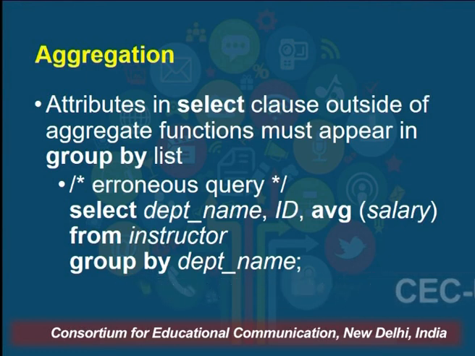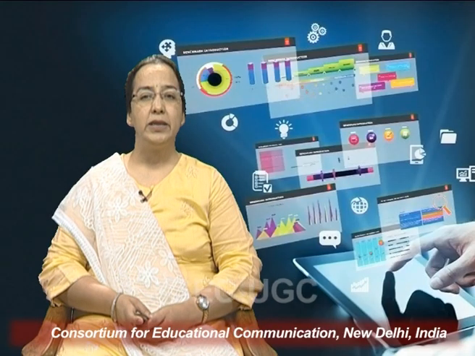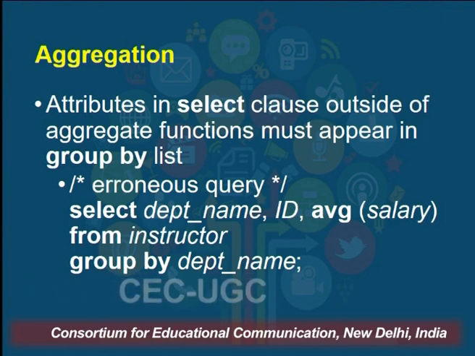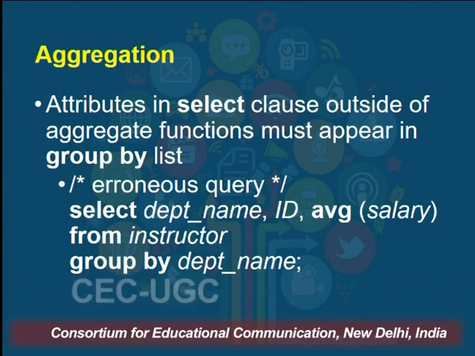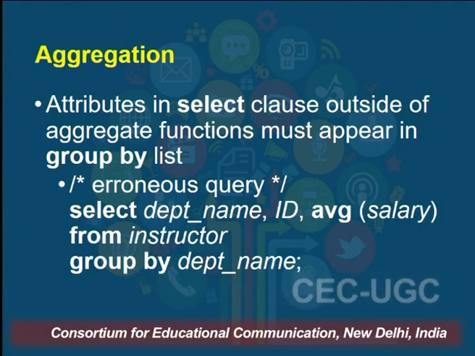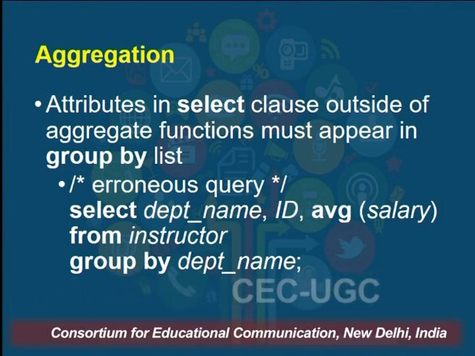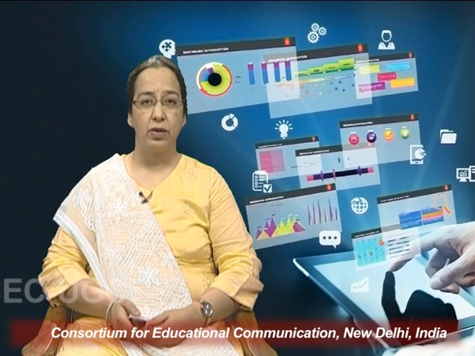So, for example, if I write select department name, ID, average salary from instructor group by department name, this is going to be a query with an error, because the attributes in the select clause which are outside of the aggregate function are not appearing in the group by list.